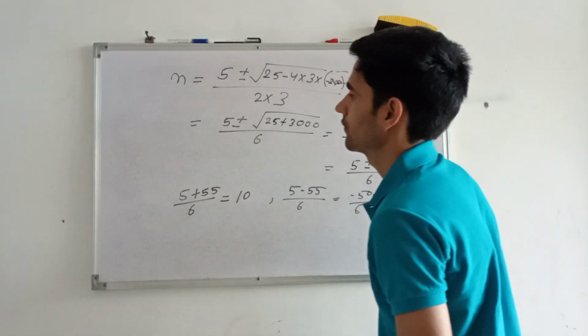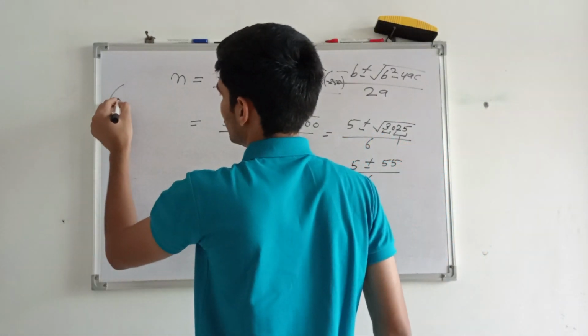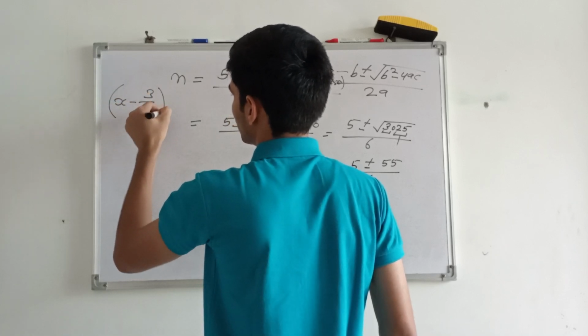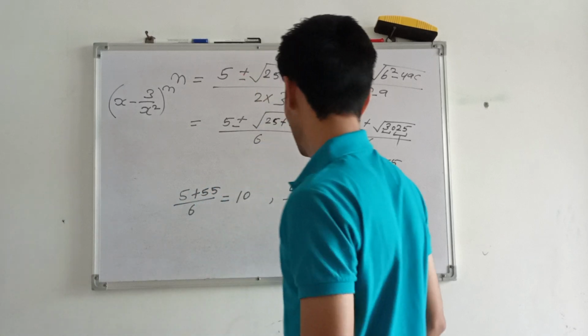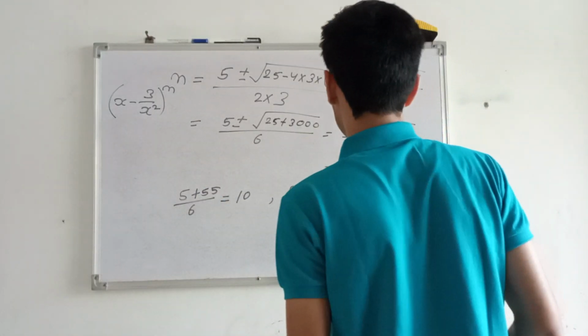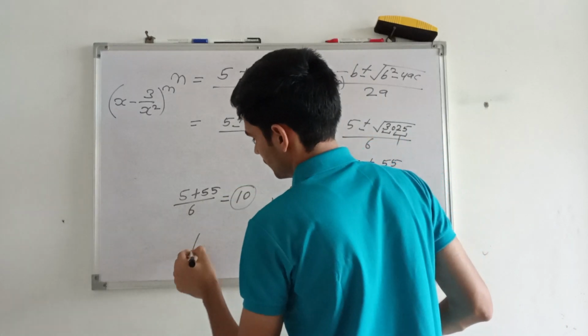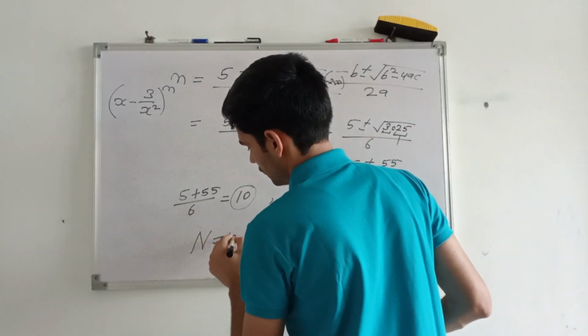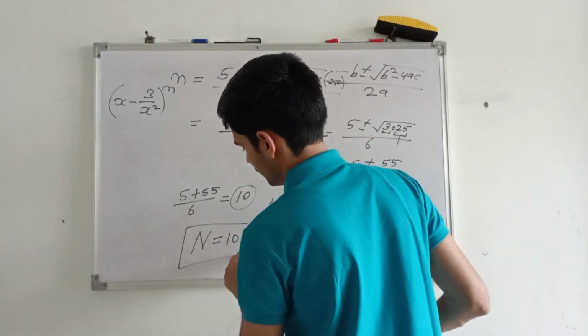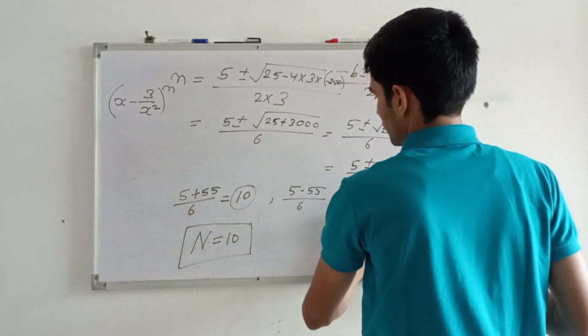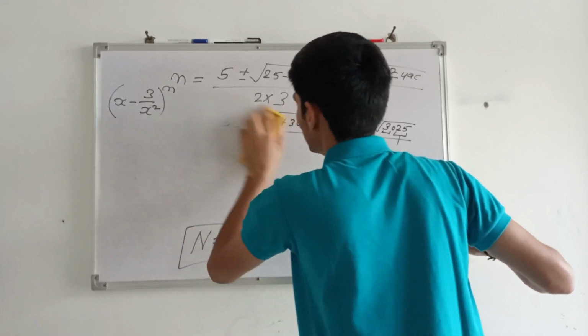So see, what was the expression? x minus 3 upon x square to the power n. Here n cannot be negative. So what will be the value of n? The value of n will be 10. This is what we have got.